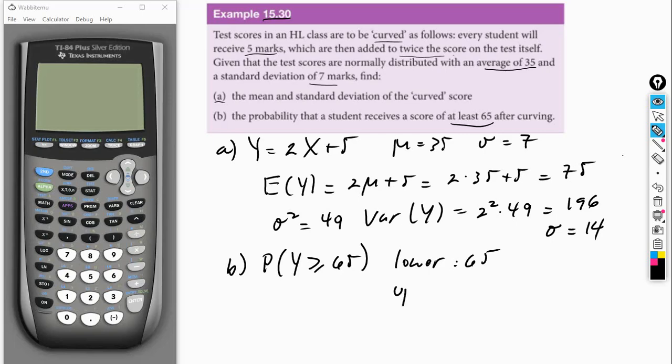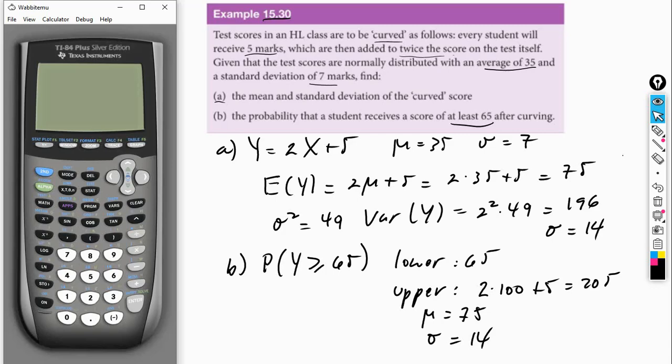The upper limit is not going to be 100 because somebody could score 100 on the test itself. So that means that the upper limit is going to be 2 times 100 plus 5, which is 205. And then, well, we have that the mean is 75 and the standard deviation is 14.